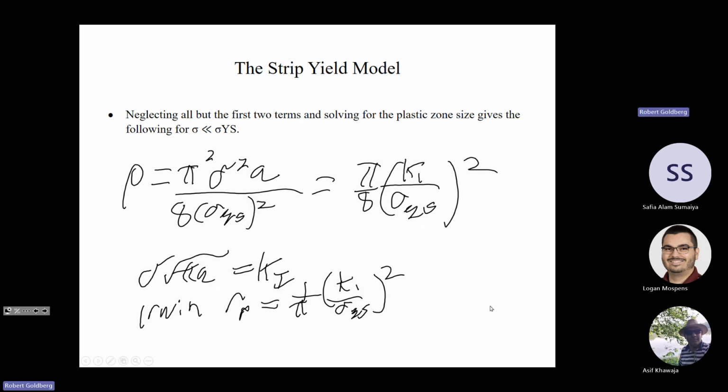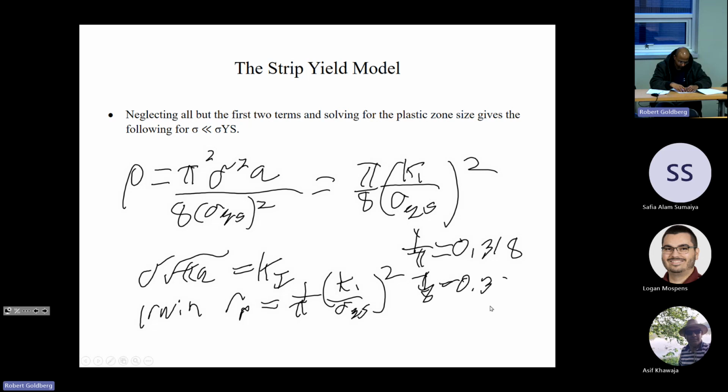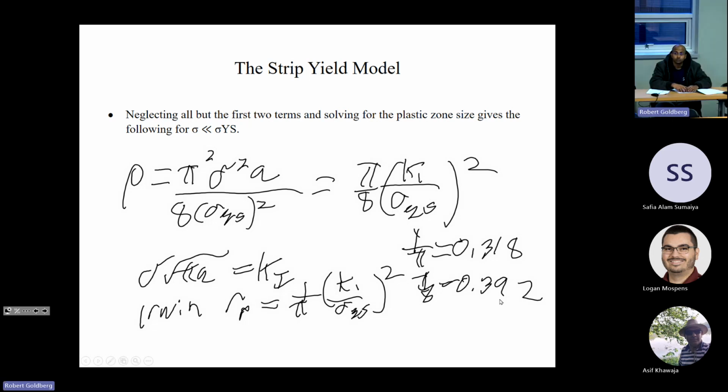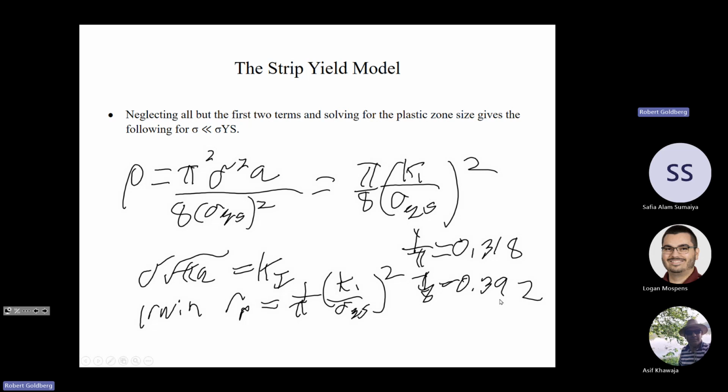And if you do the math, 1 over pi is equal to 0.318, and pi over 8 is equal to 0.392. Squint your eyes, they're close enough. So you can say that the Irwin and the strip yield approaches predict relatively similar plastic zone sizes.